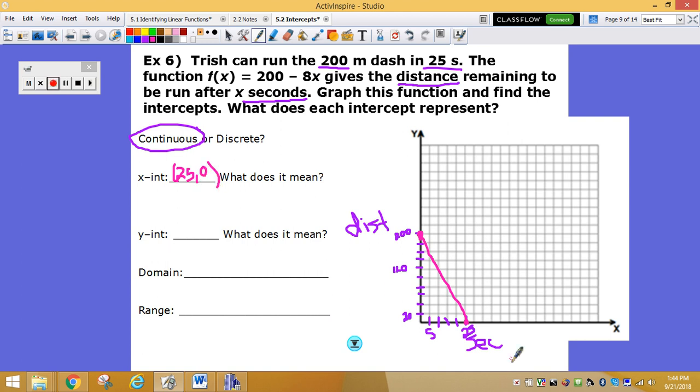What does it mean? Well, let's look at words that I need to use. I know that I'm talking about a race, okay? I know x-intercept is really seconds. So how can I use 25, talking about a race, and seconds to finish, to write this statement? Think about that for a second.